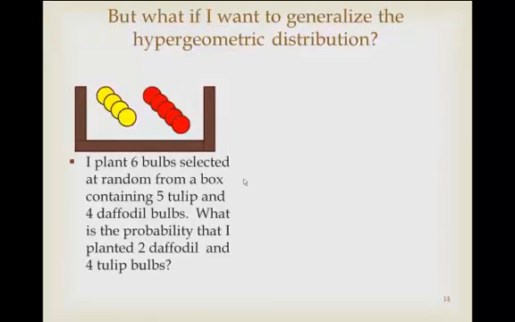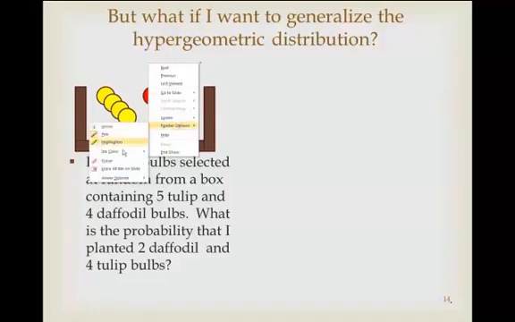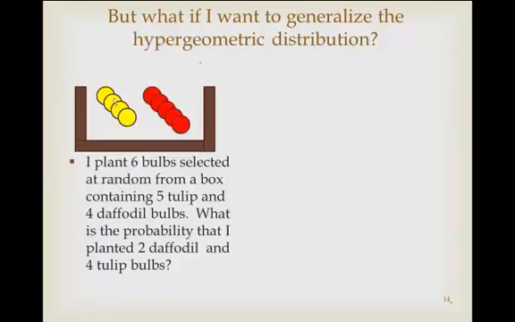So if we look at the hypergeometric distribution and think about it a little bit, what we'll find is that we could have selected 4 daffodil bulbs and 5 tulip bulbs from this, and we could have gotten a hypergeometric distribution.